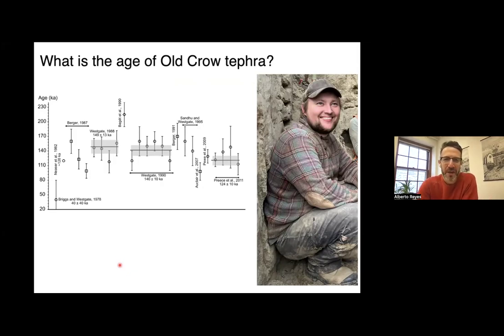What you can see is the age of this tephra has bounced around a lot, from basically late Pleistocene to 250 or so thousand years old. So let's talk about why that is.